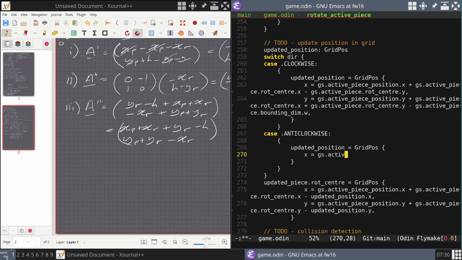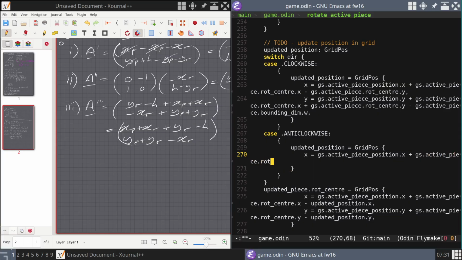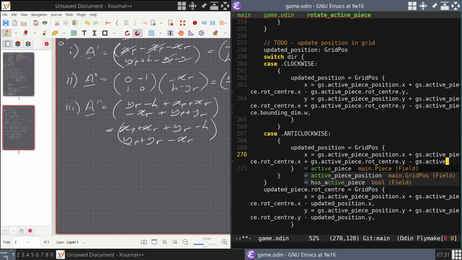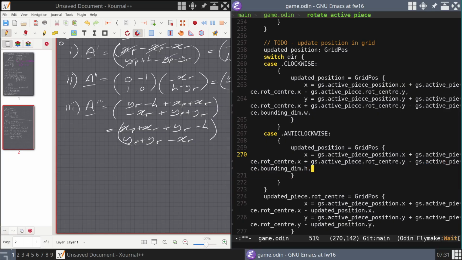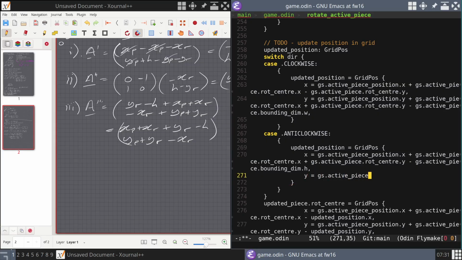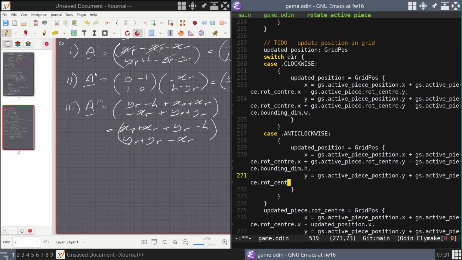So xp is active piece position dot x plus xr, active piece dot rot center dot x, plus active piece rot center, game state active piece rot center dot y minus game state active piece bounding dim dot h, and y is equal to game state active piece dot position dot y plus active piece rot center dot y minus game state active piece rot center dot x.